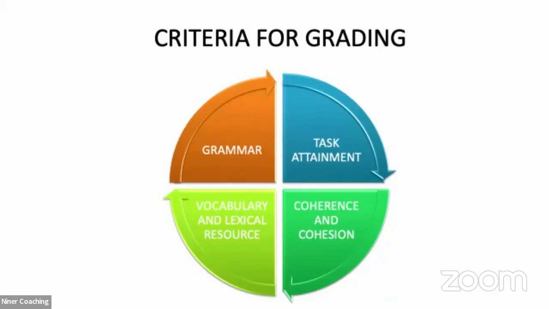If they get good scores for task attainment, coherence and cohesion, and vocabulary and lexical resource, even if they have poor grades for the grammar aspect, these scores offset the low grammar grade. So they still get very decent scores. Some people get 8 in task attainment, 7 in coherence, 7 in vocabulary and 6 only for grammar. And they get a 7.0 average still.